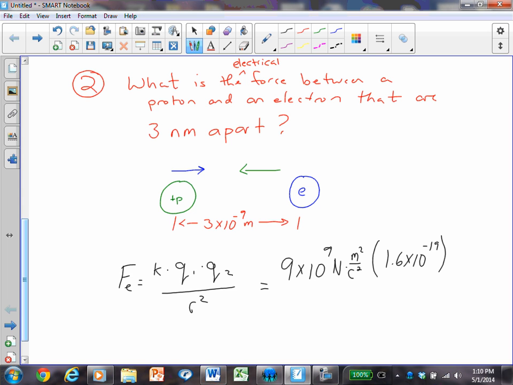What's the charge on an electron? Magnitude the same. The negative and the positive gave us the direction of these forces, that they were attractive, right? And then divided by r squared. Don't forget to square it.